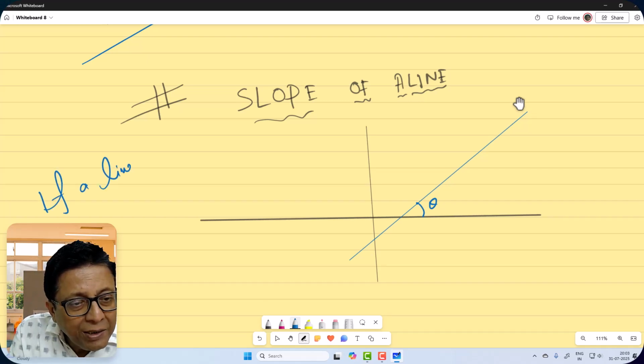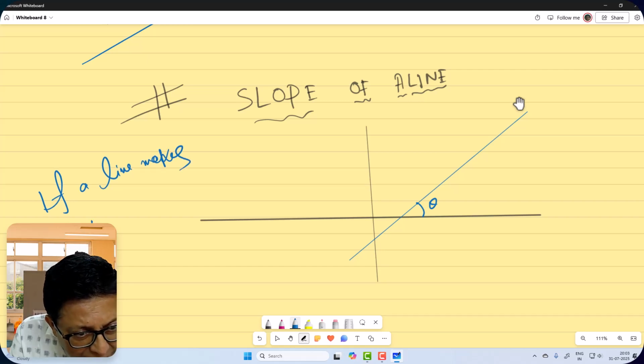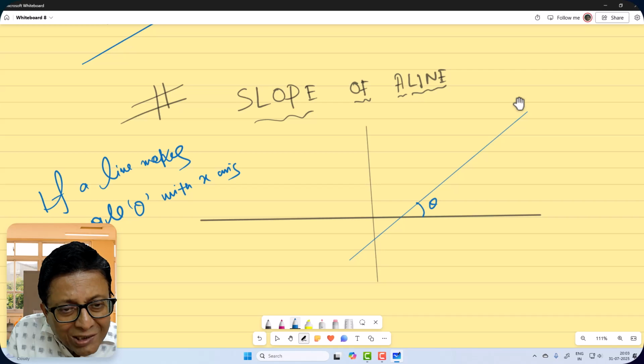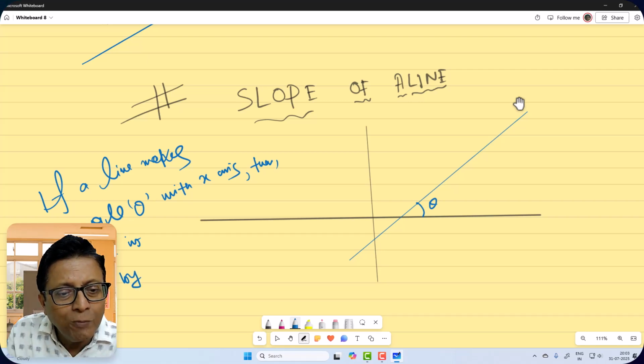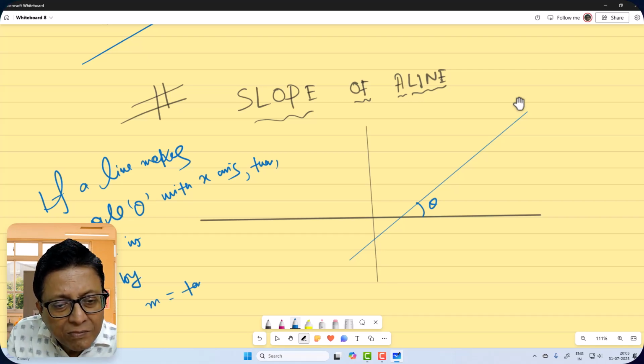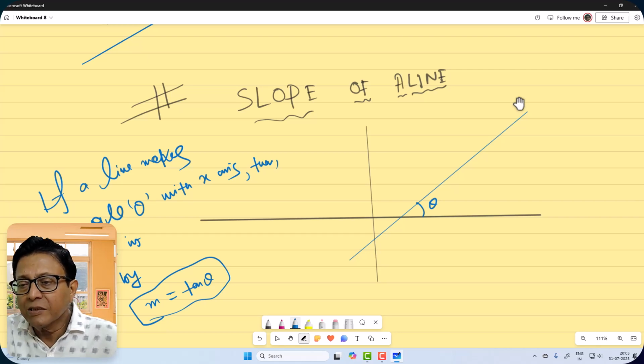If a line makes an angle theta with x-axis, then its slope is given by m equal to tan theta. This is the definition. Okay?